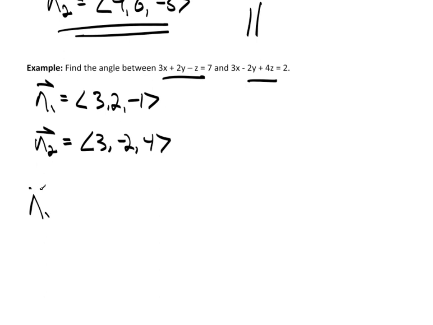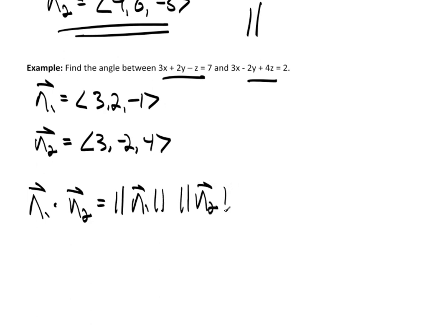We know that n1 dot n2 equals the magnitude of n1 multiplied by the magnitude of n2 times cosine of theta.